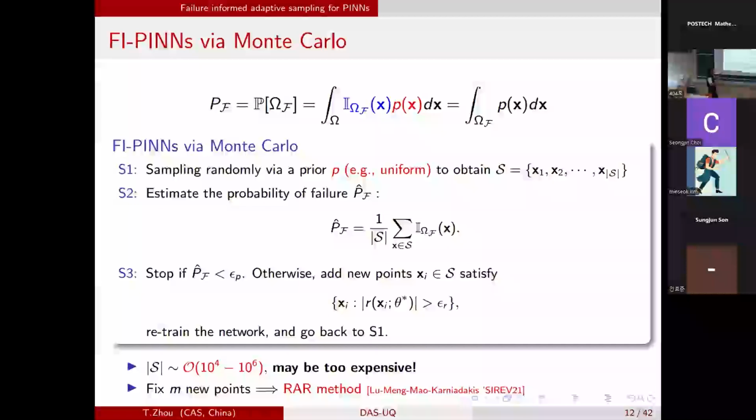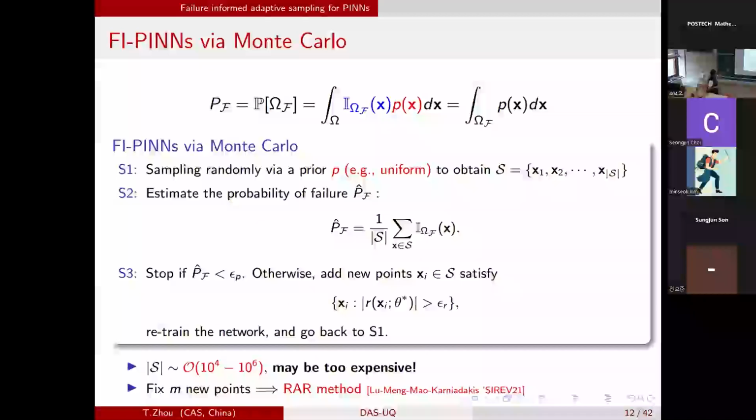The main difference is that in each iteration, you are generating candidate points by uniform sampling, and you will compute the residual information for all the points and choose the largest 100 or largest 10 into the former training set. This is the so-called RAR, which is by Karniadakis. But this is a straightforward adaptivity for PINNs.